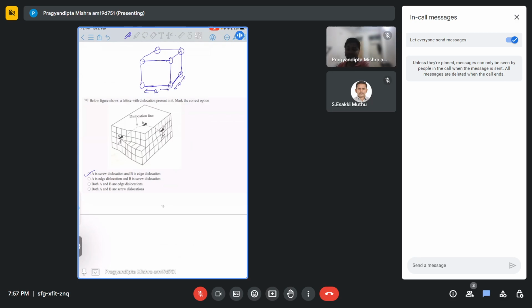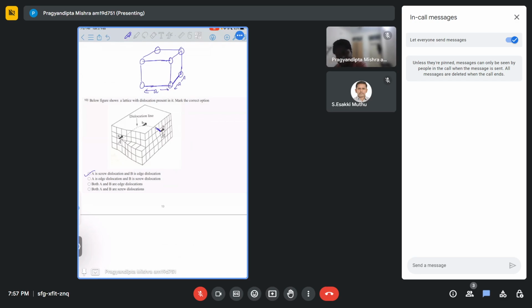There is one more hint that this question is giving you. Here they're showing the dislocation line. The dislocation line is like this. In the first case, the Burgers vector b is given to be parallel to the dislocation line, while in the second case, the Burgers vector is perpendicular.